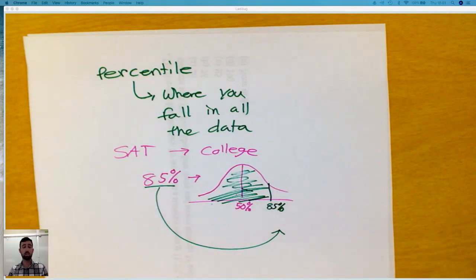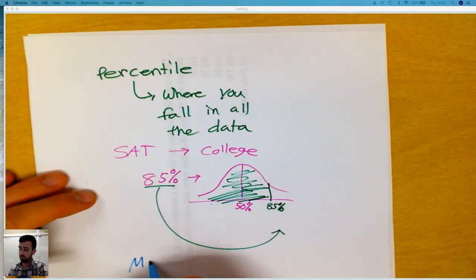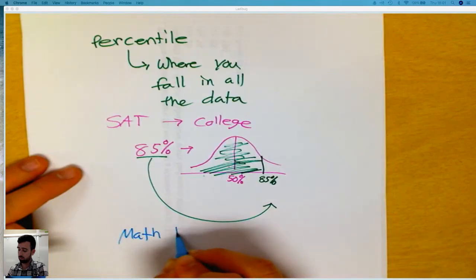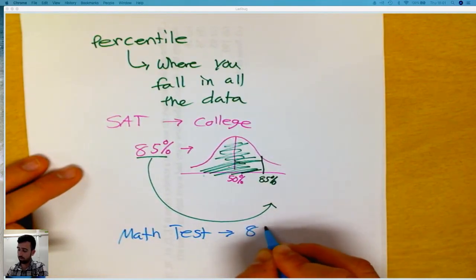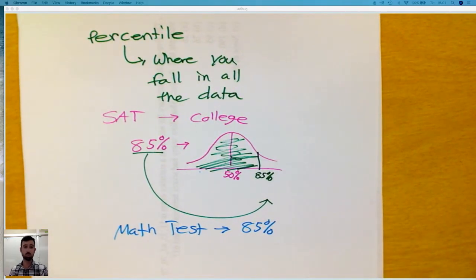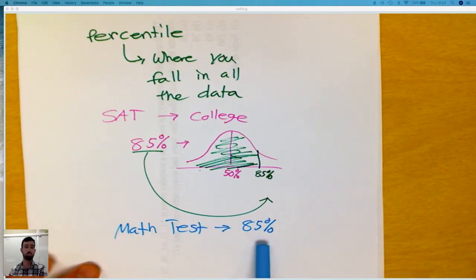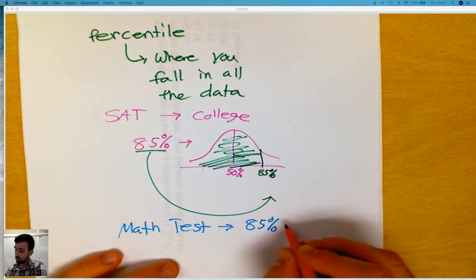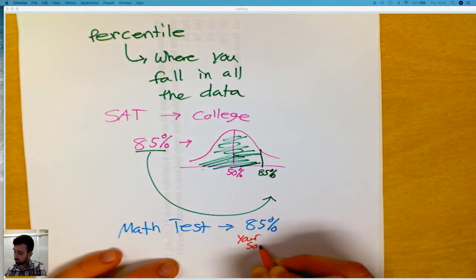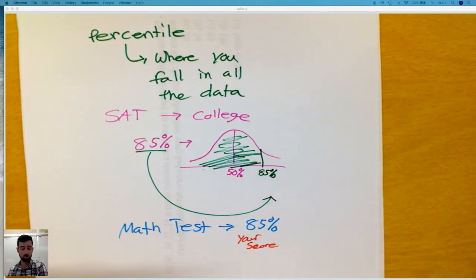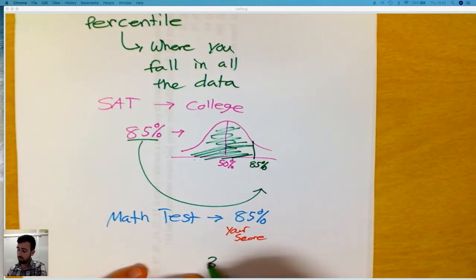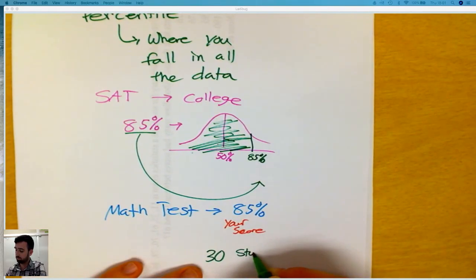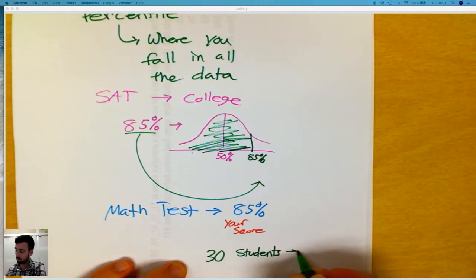Now, let's say you took a math test and scored an 85%. That doesn't mean you're in the 85th percentile. Percentile is related to how everyone else did. So just because you scored an 85% doesn't mean you're in the 85th percentile. Let's say you scored an 85%, but 30 other students scored 100%.